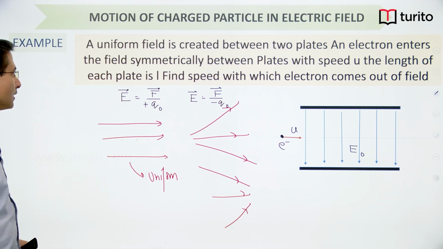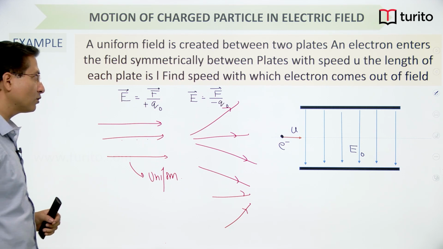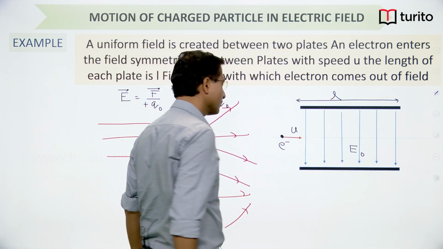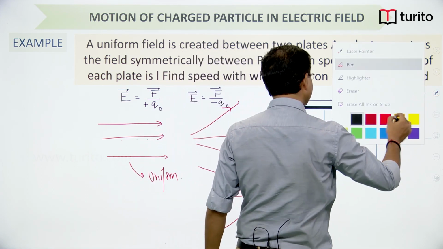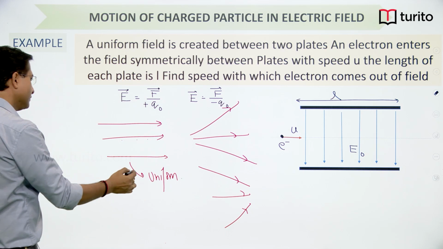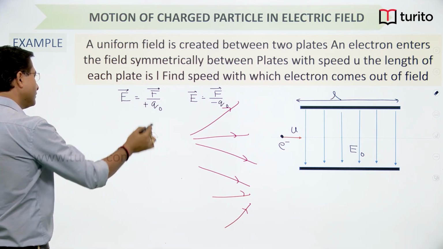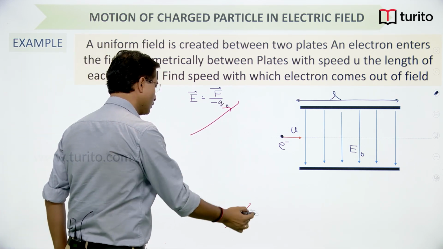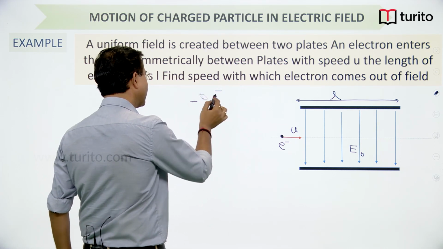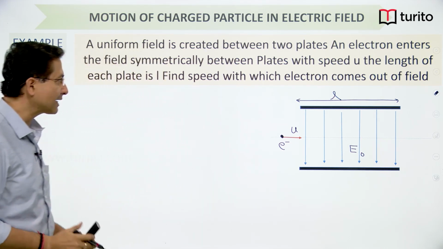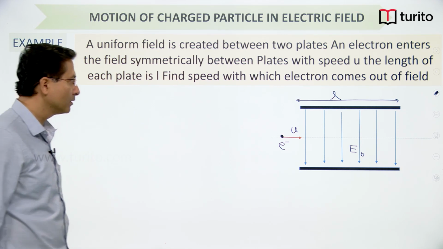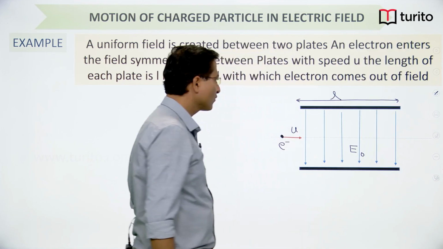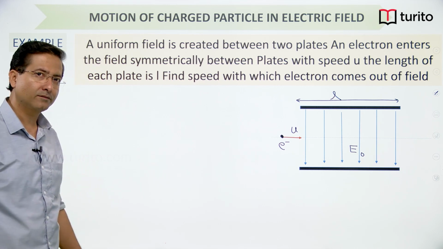The question says, with what speed does the electron come out of the field if this distance is L. So, a very simple question to make you understand what is a uniform field and how force acts on the particle and what is the kinematics behind it, right. So, if I ask what is the path followed by the electron?